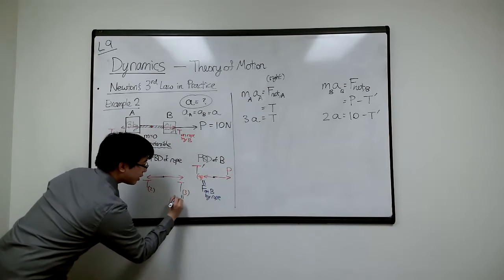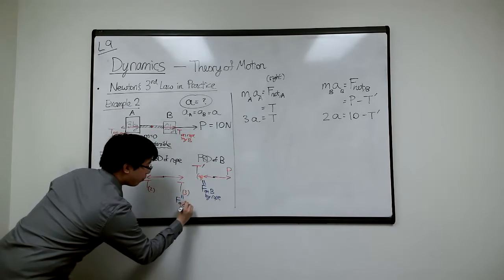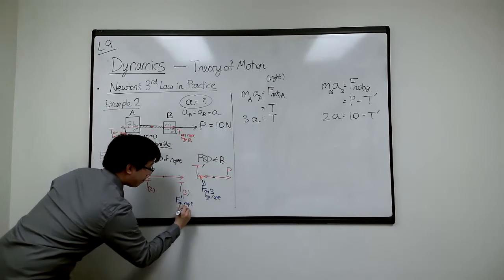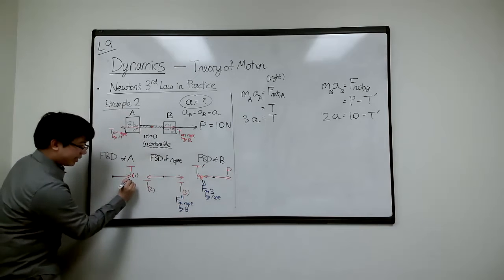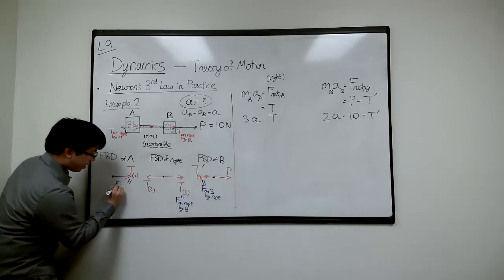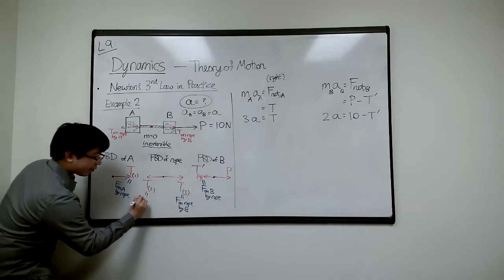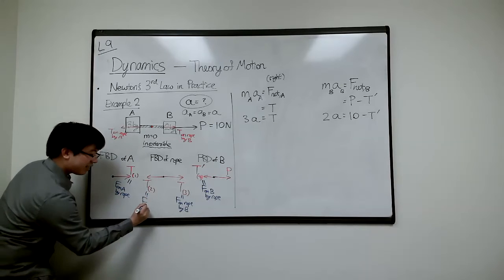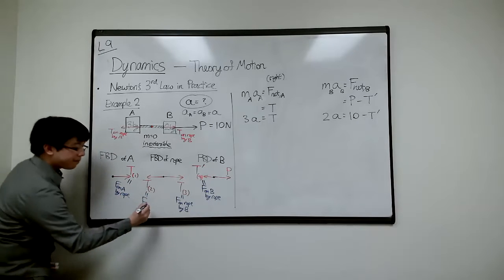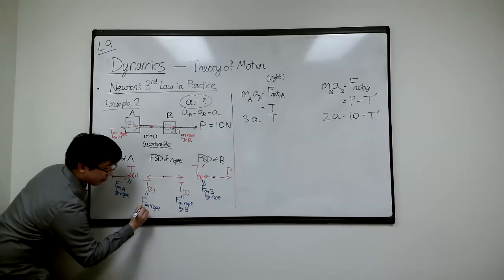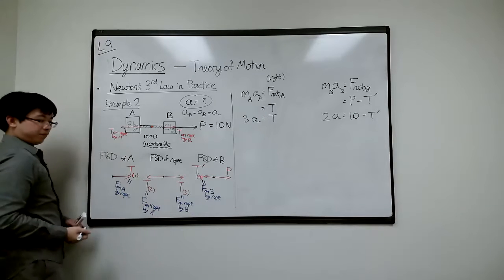This is the force on the rope by B. This is the force on A by the rope. And this is the force, you can fill in the blanks, right? On what by what? It's on the rope by A. Okay.